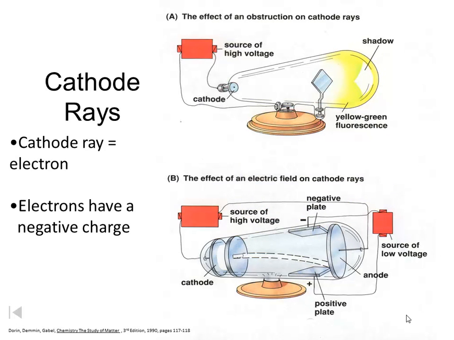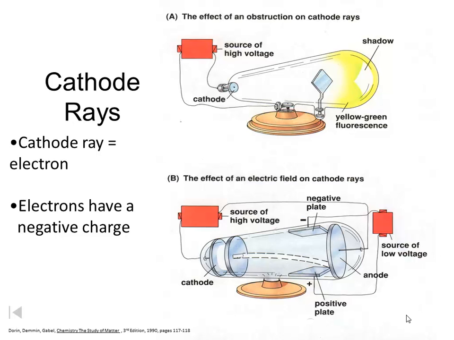J.J. Thompson. Thompson was a physicist, and he was studying cathode rays. You guys may actually be familiar with a cathode ray tube. Remember how old TVs had that big long back?